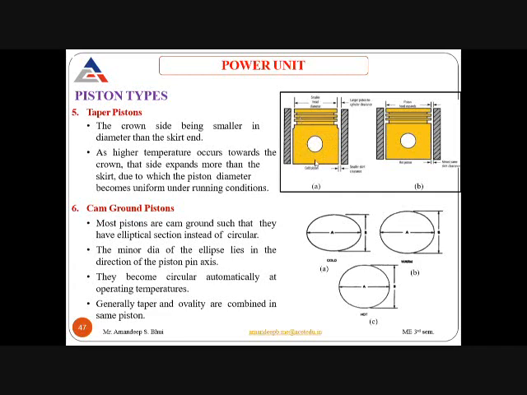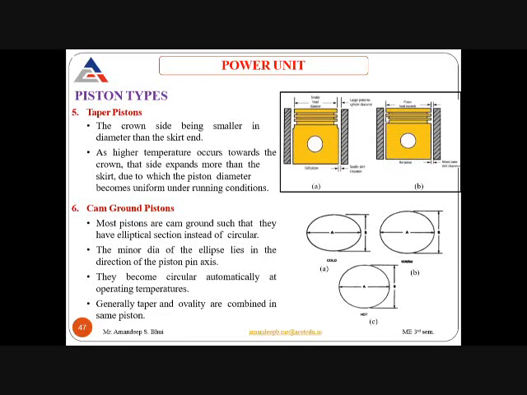Now when the piston starts to run, the temperature starts to increase. The top portion comes in contact with the heat, and this heat is more on the top side, so the top of the piston expands. With the expansion, the piston diameter at the top increases and it becomes parallel. When the piston is hot, it becomes parallel.